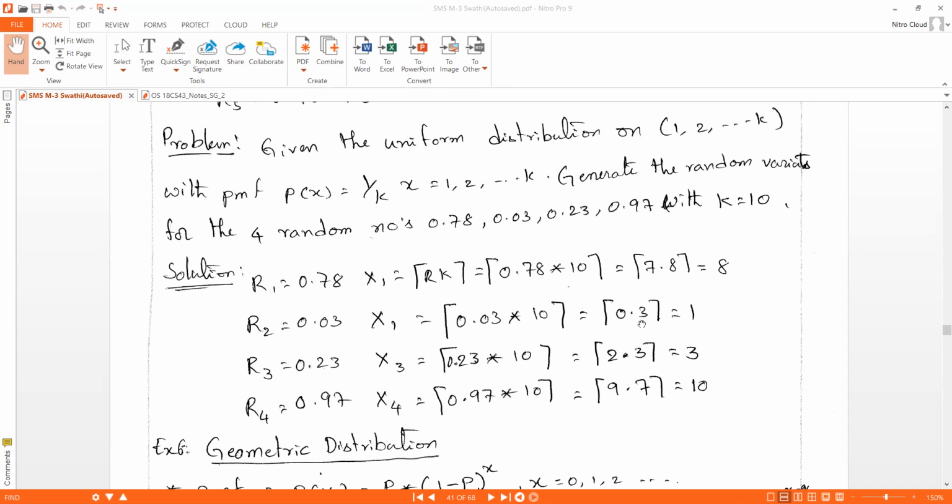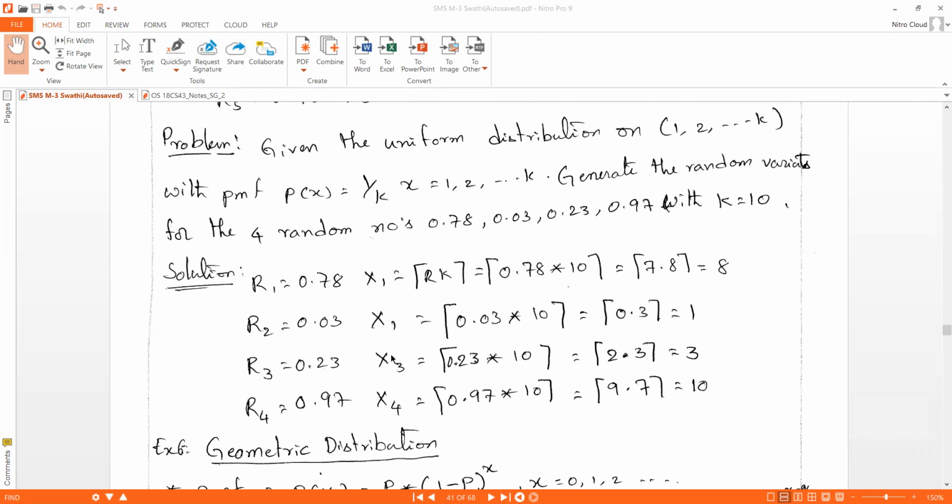If you remove this mod, the outcome of this value will be the upper limit value, that is 1. Okay, next random number they have given as 0.23. When R3 is equal to 0.23, we need to find the random variant x3.